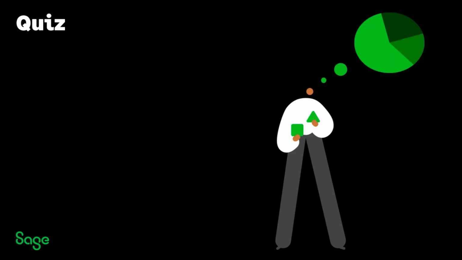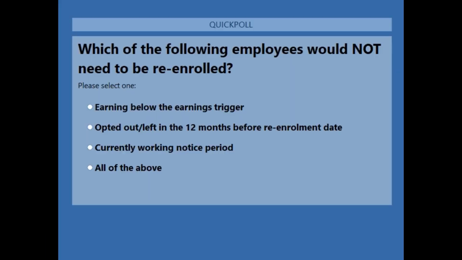On to question number 2 then. So which of the following employees would not need to be re-enrolled? Is it employees earning below the earnings trigger? Is it employees that opted out or left in the 12 months before the re-enrolment date? Is it employees currently working their notice period?